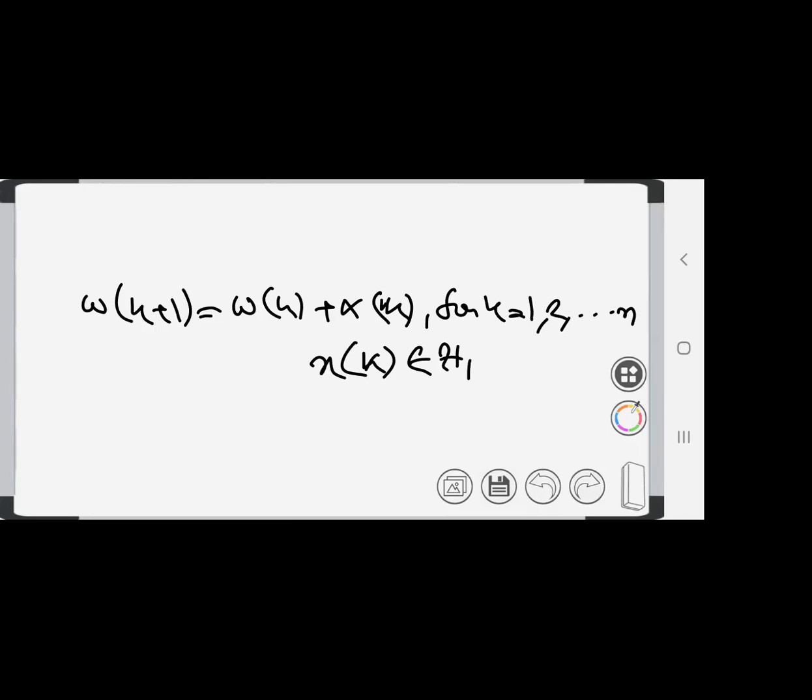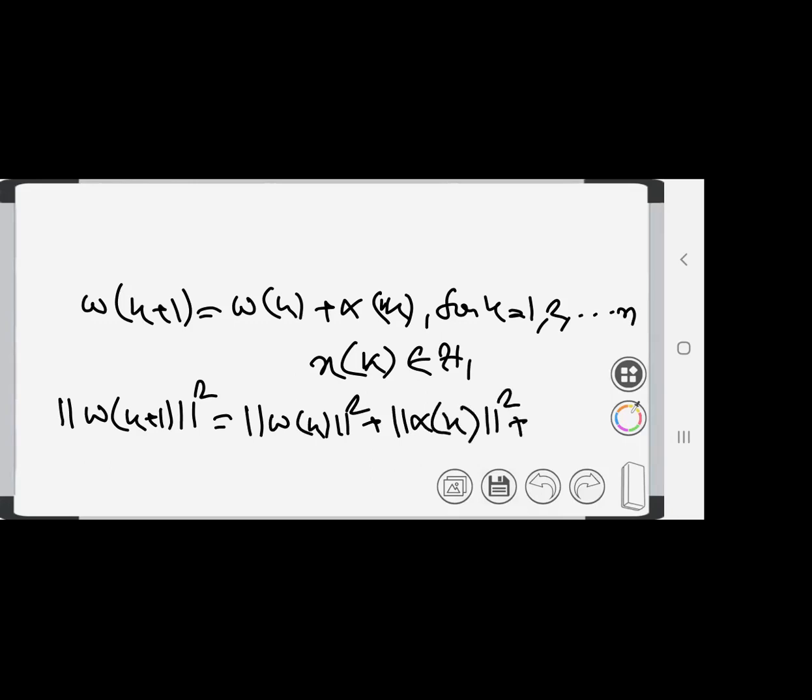By taking the squared Euclidean norm of both sides, we can write W k plus 1 squared is equal to mod of W k square plus mod of x k square plus twice W transpose k x k.